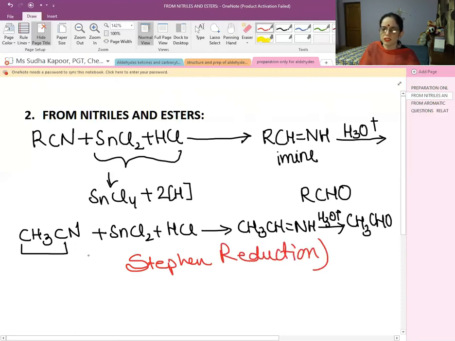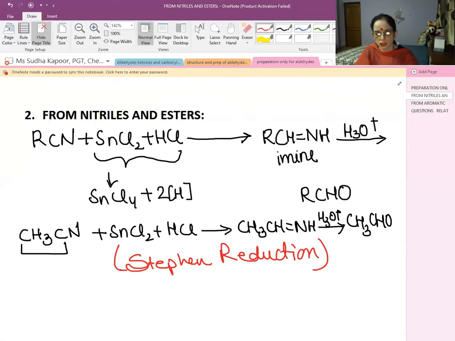But dear students, there are various other methods by which we can also reduce the alkane nitrile. But that method is not considered the Stephen reaction. Remember this: Stephen is only meant when we are using SnCl2 and HCl. If we are using some other medium, then it is not the Stephen reduction.